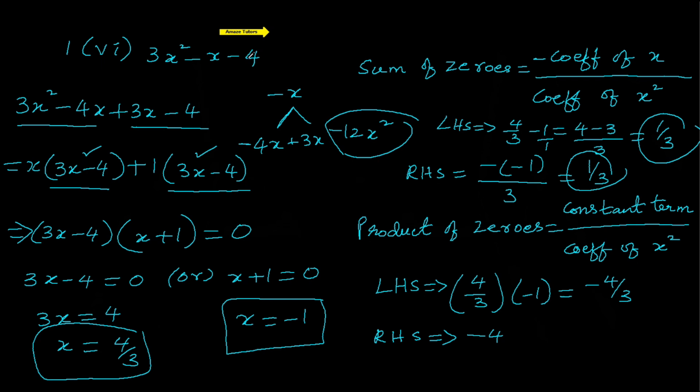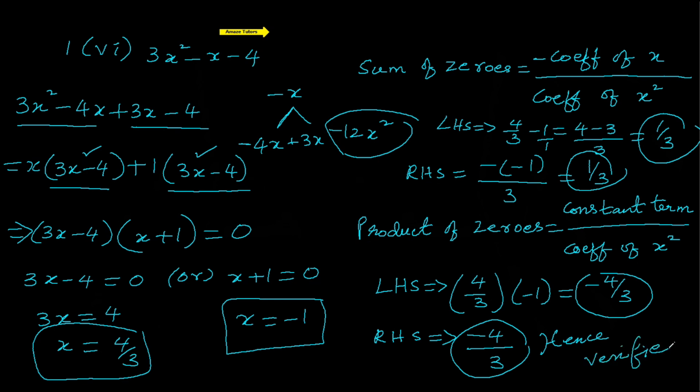If they are negative, take along with the negative signs. Divided by coefficient of x squared positive 3. So obviously LHS is equal to RHS. Hence we verified the relationships between the zeros and the coefficients.